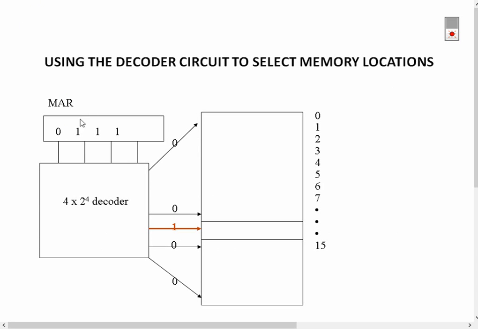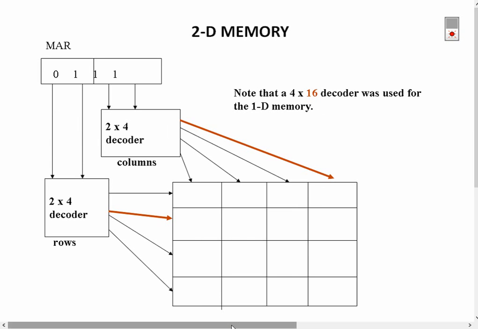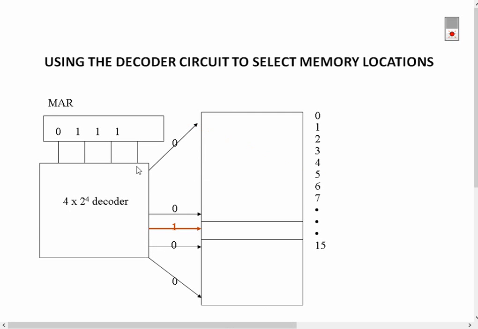Now, looking at the way that memory is actually structured, there's two ways you can do it. There's a single dimensional way of addressing memory, and then there is a two-dimensional way of addressing memory. And in both cases, what happens is that I'm going to have some address, some series of bits that I'm going to put through a decoder.